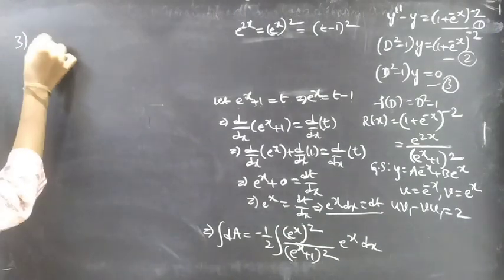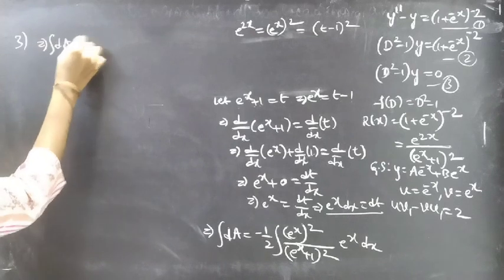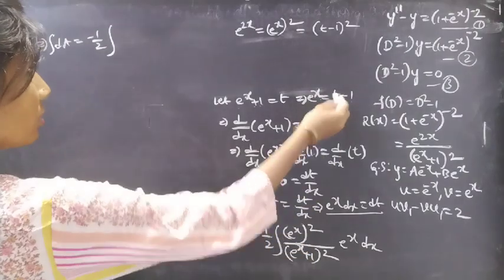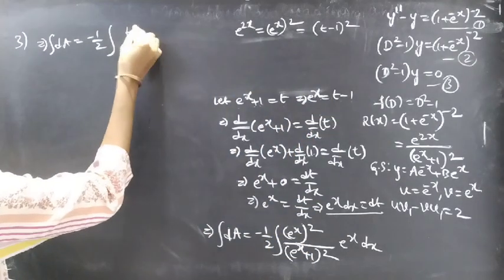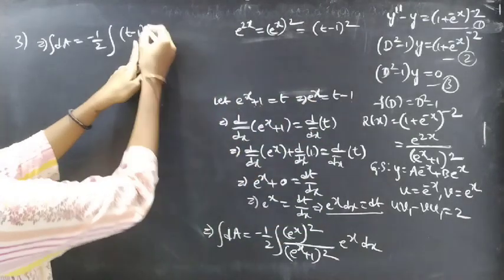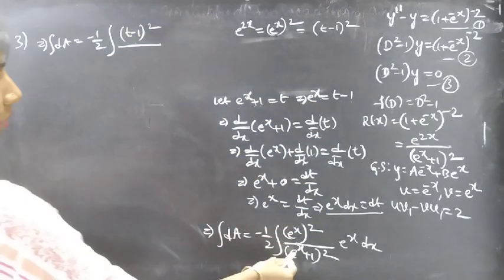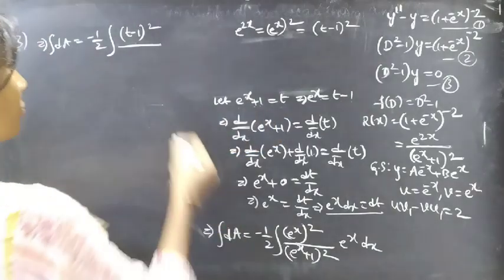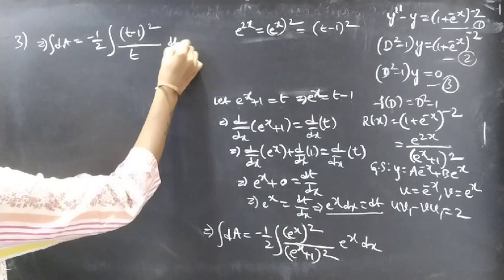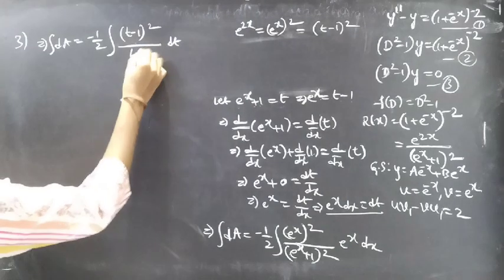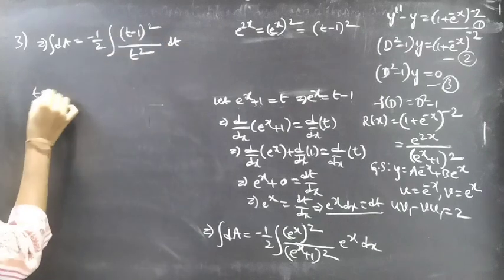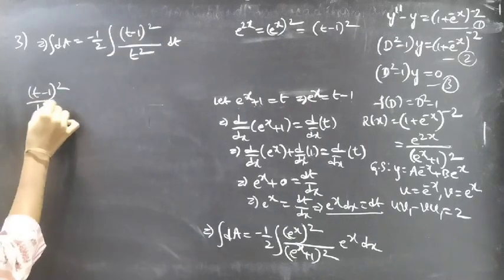This gives us integral dA equal to minus 1 by 2 integral, e power x can be replaced with t minus 1, so you'll get e power x whole square as t minus 1 whole square, by replace e power x plus 1 with t and replace e power x dx with dt. Okay, so you're having t minus 1 whole square by t square in the integrand.